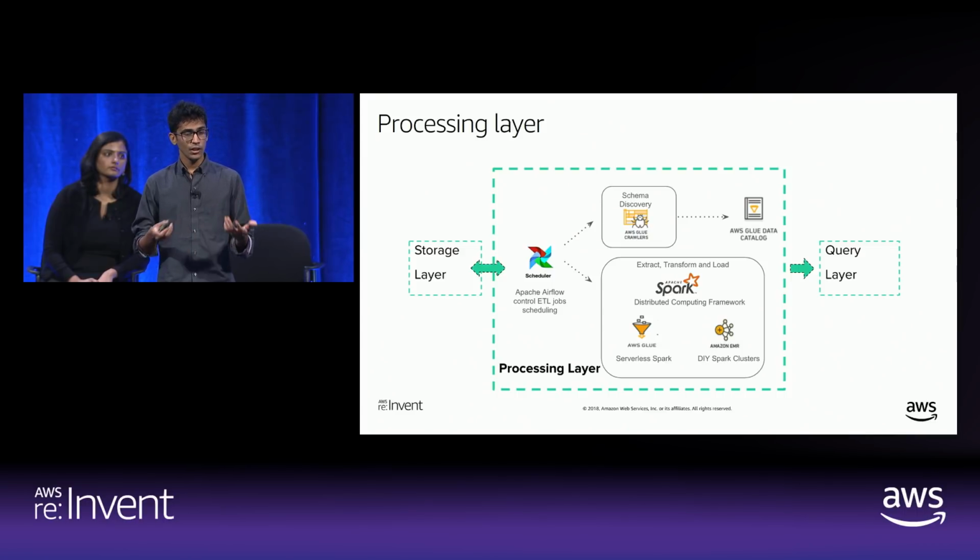Finally, we have serverless Spark via AWS Glue and EMR for really large customized workflows that plug in very seamlessly into this data catalog, so that as we add more downstream processing steps, it's very easy for us to leverage that same tool and the same library and the same framework, which is Spark, to get all of our work done.